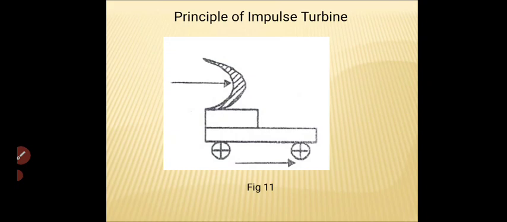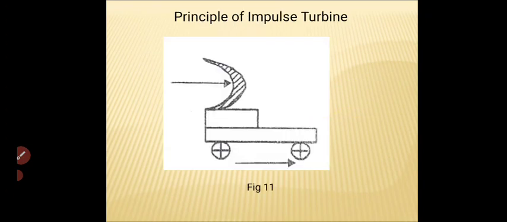The potential energy of water, in the arrow mark from the left side, the height of waterfall, is converted into kinetic energy by one or more nozzles, and then water hits the turbine blades at high speeds, causing the turbine to spin consequently. Okay, this is the working principle of impulse turbine.